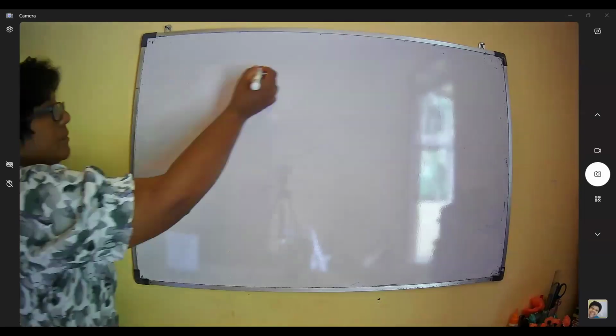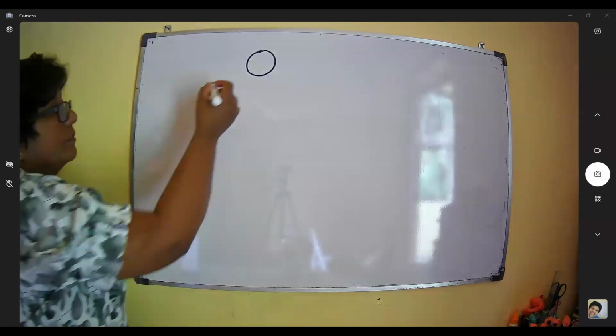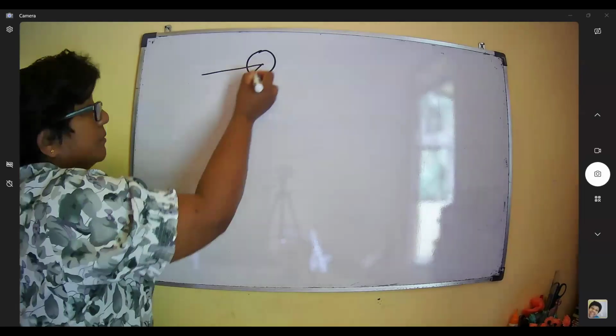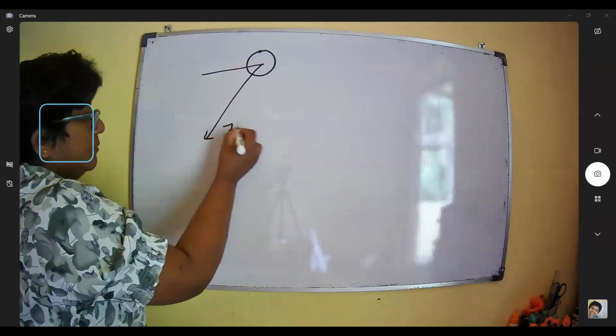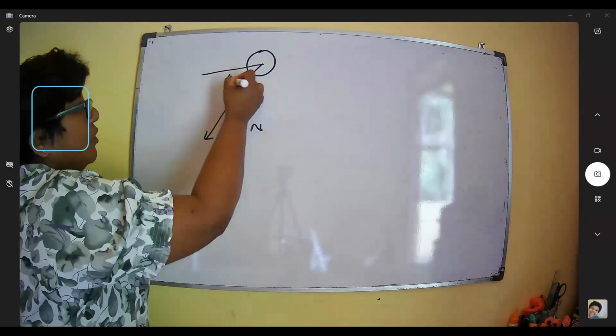Okay. Then we have to resolve the 75 Newton force on the ring. You can see it. We need to convert it into x and y components. The angle is 48 degrees.